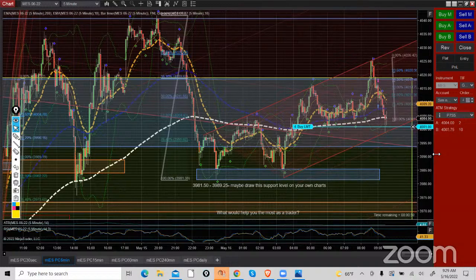And yeah, I think 4,000 is a great spot to take a shot going long. 4,001, 4,002 even. So if I want to clear a stop, what am I looking to clear here? That wick. So the wick is at 97, 98. So 1, 2, 3, 4, 5. That put me at 03. 4,003.